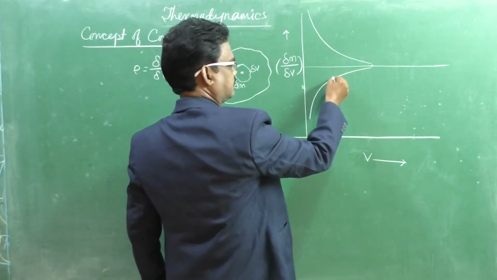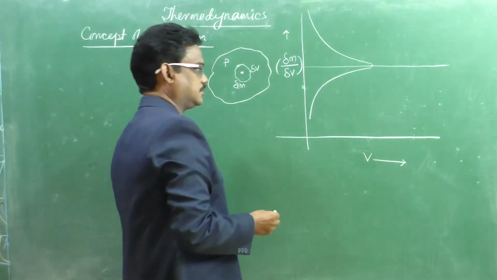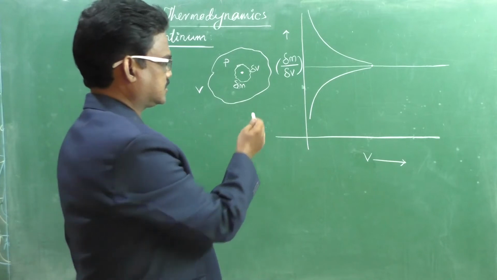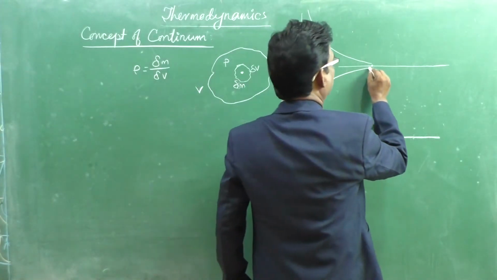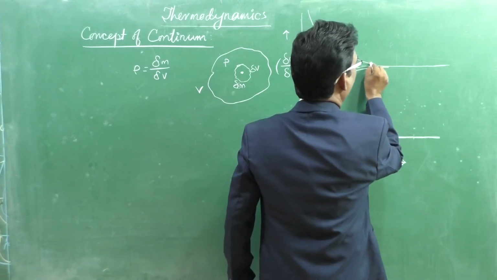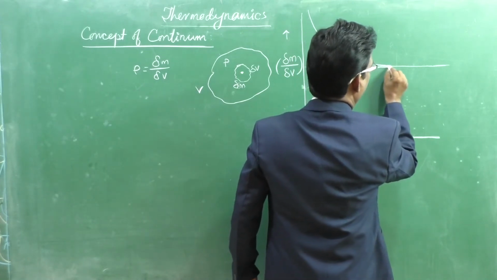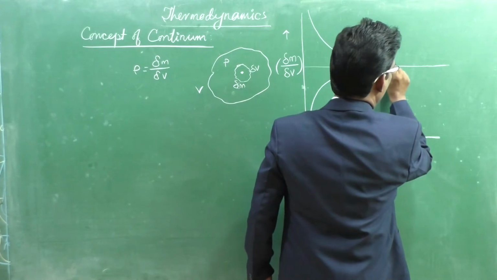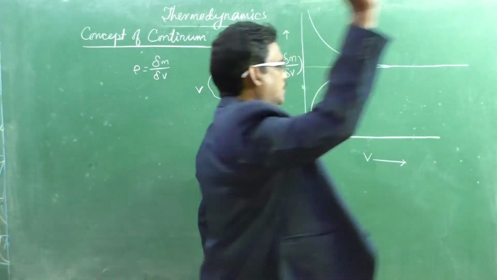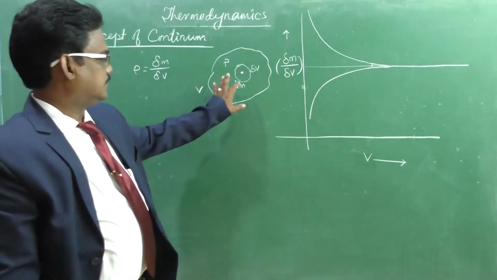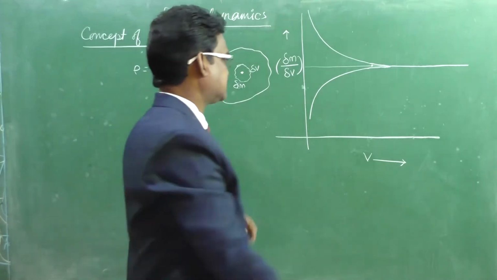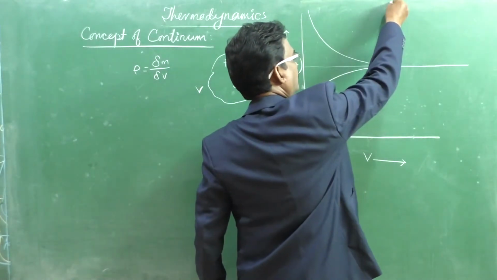But as the volume continuously increases, delta M by delta V approaches the asymptotic line like this. After that, it gives the same value throughout the considered system.